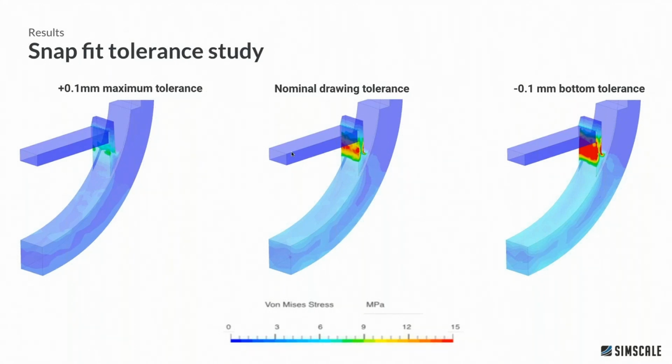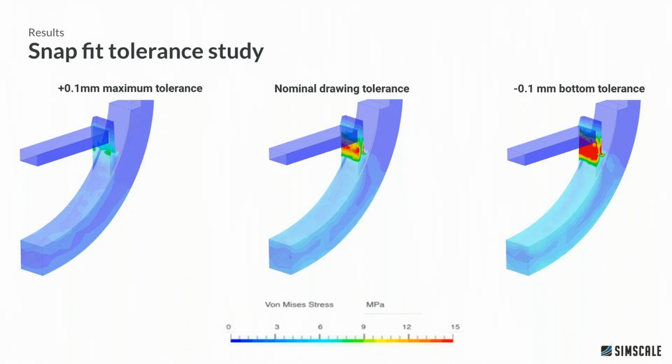With the nominal drawing tolerance, this snap fit is performing as we would expect, and we would have obviously been able to hone this design using SimScale to get the optimal performance here. And at the minus 0.1, so the bottom tolerance, we do have some reasonably high stresses, and there is a risk that we would actually exceed the plastic yield of the material in these regions and introduce permanent deformation.